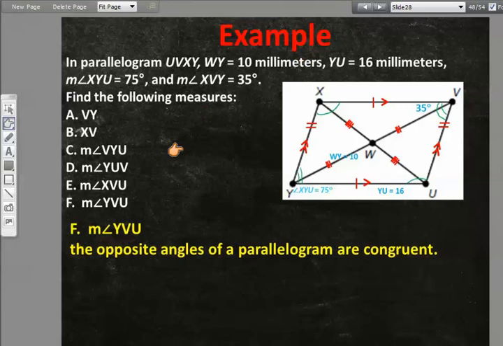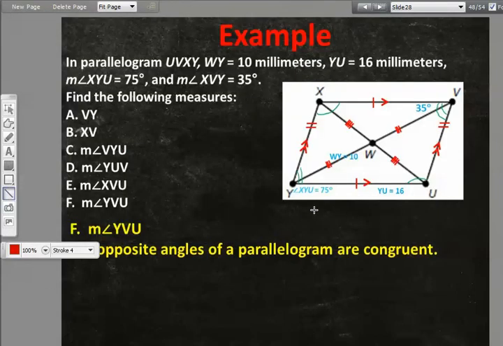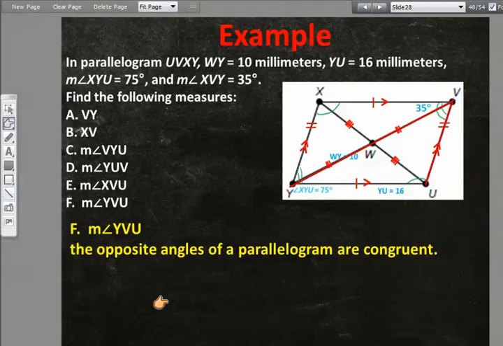Okay, let's look at YVU. Let me change these colors. That yellow kind of throws me off. YVU. It wants to know the measure of that. You got to remember that opposites are congruent. Since we know this angle right here is 75, that means this whole angle over here is 75. Well, 75 minus 35 is going to tell me the measure of YVU.